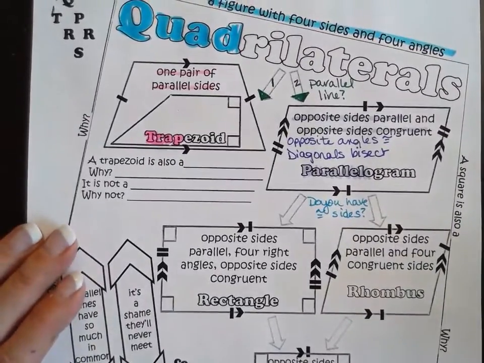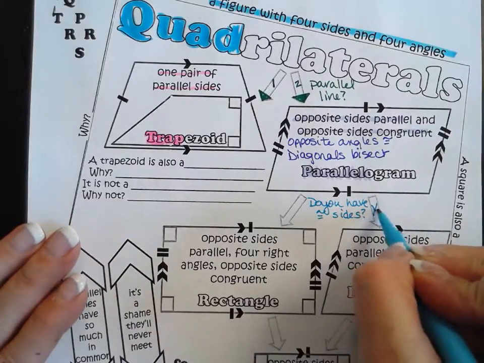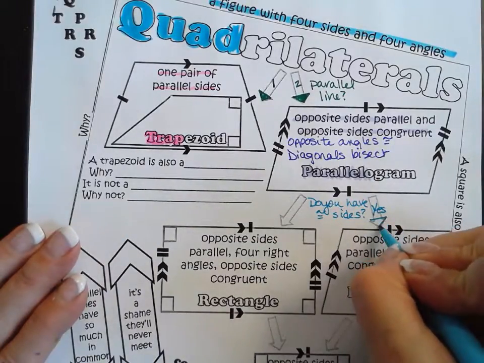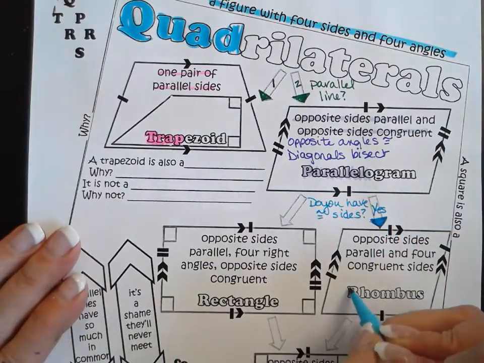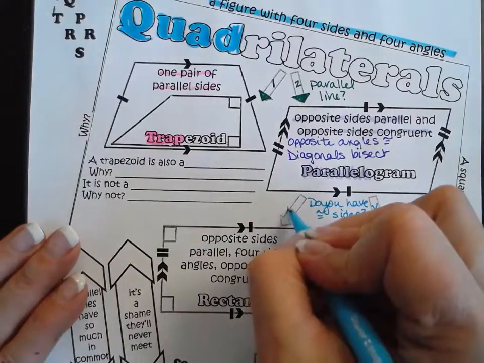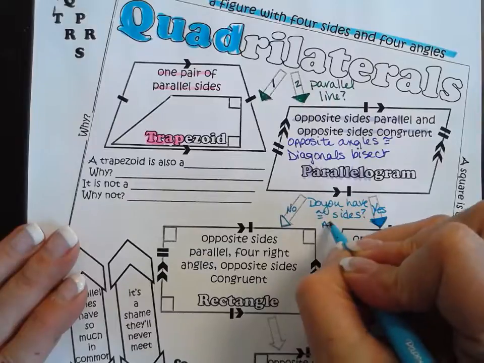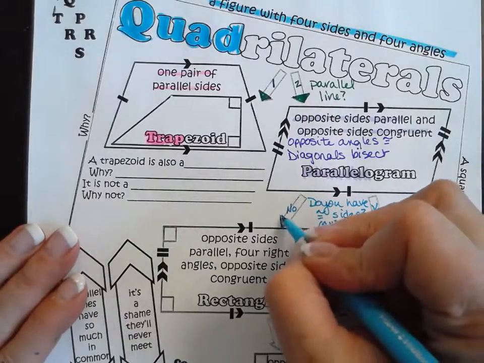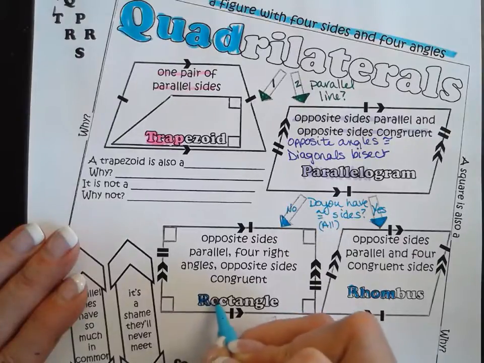If the answer is yes, then you're going to go down and be a rhombus. If the answer is no, and when I say have congruent sides, that means all sides, then I'm just a rectangle.